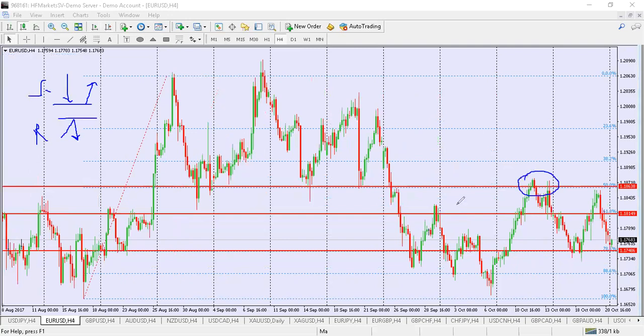I hope you can see that. So price hit it, then went down. So it's serving as resistance, right?